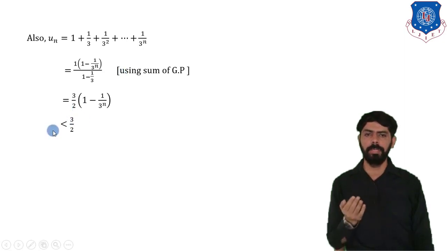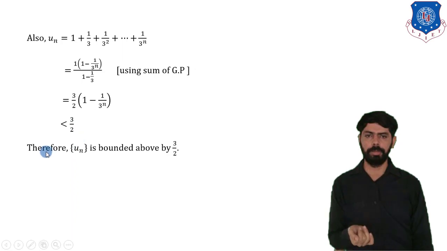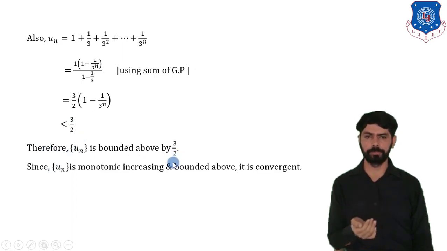This will be less than 3/2, because it simplifies to 3/2 minus 3^(1-n)/2. Therefore u_n is bounded above by 3/2. Since u_n is monotonic increasing and bounded above, it is convergent.